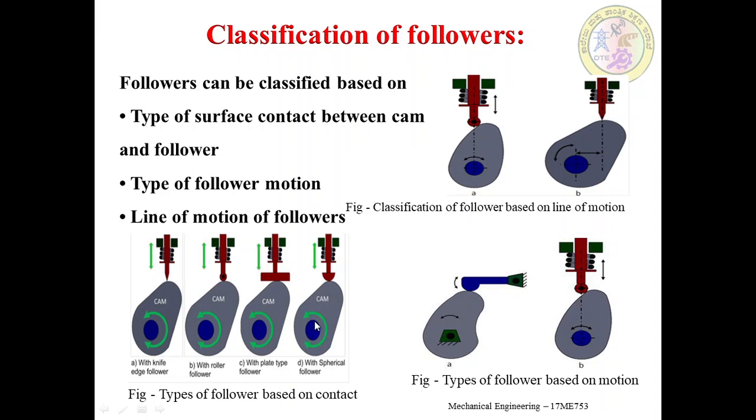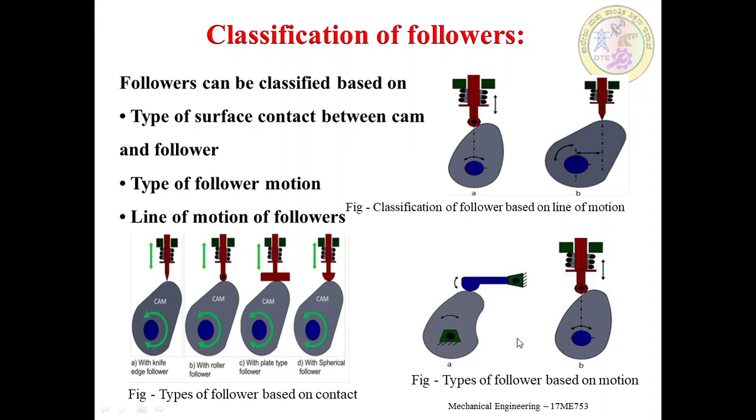And then the last type, the spherical face follower. The contacting end of the follower is of spherical shape, which overcomes the drawback of side thrust as experienced by the flat face follower. Next we'll go for classification based on follower motion.